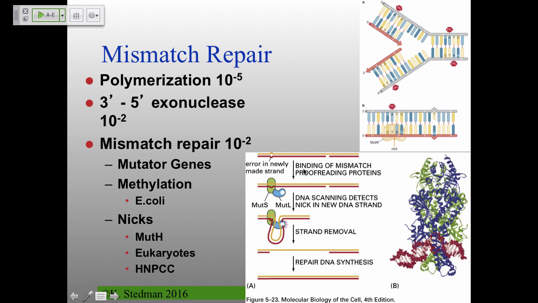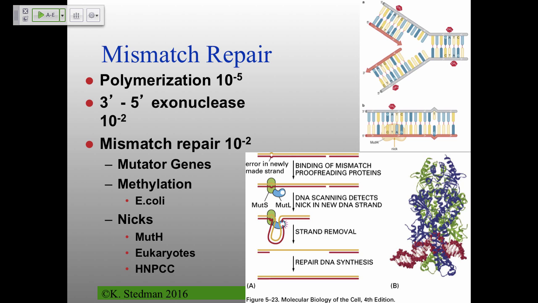So again, it's the newly made, unmethylated DNA that you have in E. coli, because it's the new strand which is being made. That's what's shown up here. And the mismatch happens because the polymerase put in the wrong nucleotide, could have been a different tautomer. The proofreading enzyme didn't get to it. So you have a mismatch. This mismatch now has some kind of different structure.